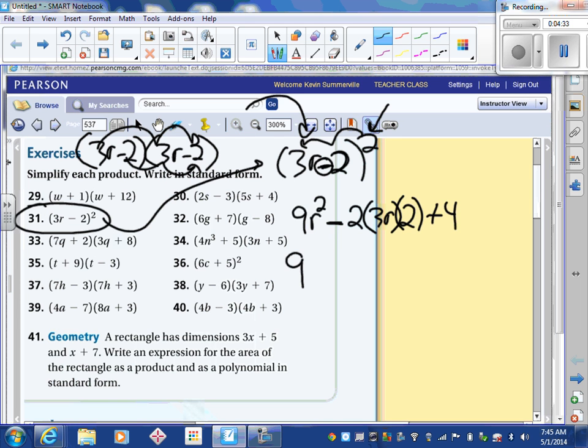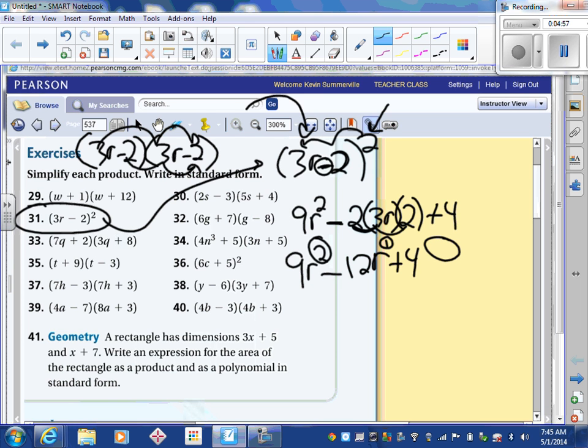So now I have to multiply all my like terms. So I'm going to come back and put 9R squared minus 2 times 3 is 6. 6 times 2 is 12. And that becomes 12R plus 4. Making sure it is in standard form, the highest exponent down to the lowest exponent down to no exponent.